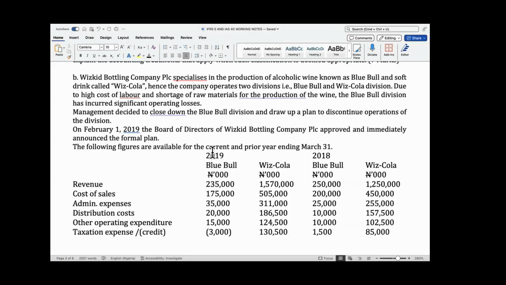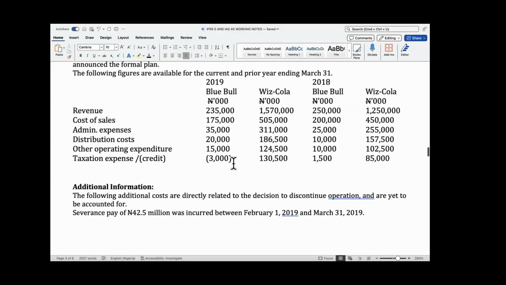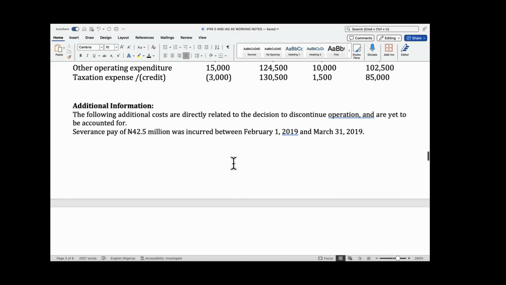The following figures are available for current and prior year ending March 31st. Additional information: the following additional costs are directly related to the decision to discontinue operation and are yet to be accounted for.